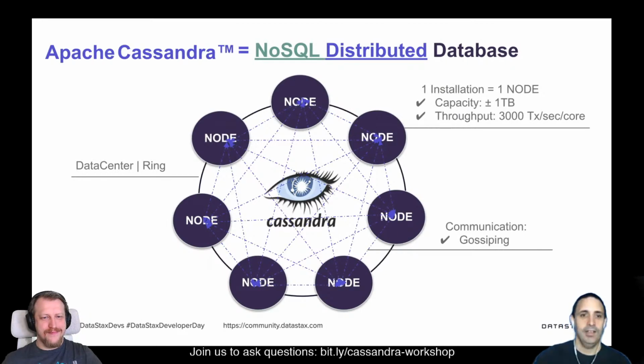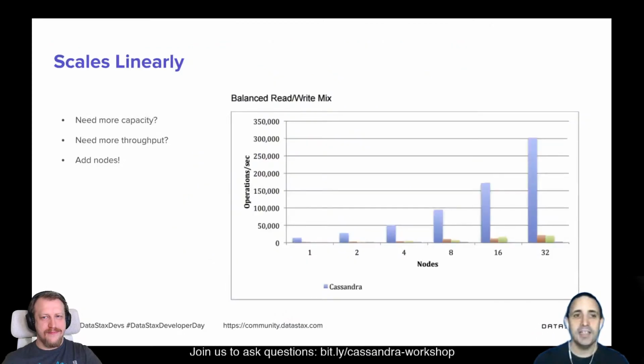All right, so the first capability of Cassandra is scalability, linear scalability. I hide the green and red bars here. What is really important is the blue one, Cassandra. The more throughput you need, the more nodes you add. The more volume and throughput you need, the more sense it makes to use Cassandra.